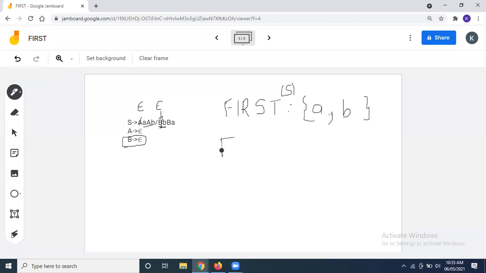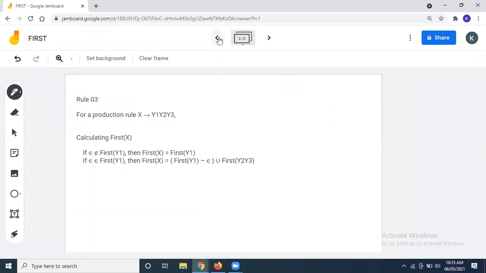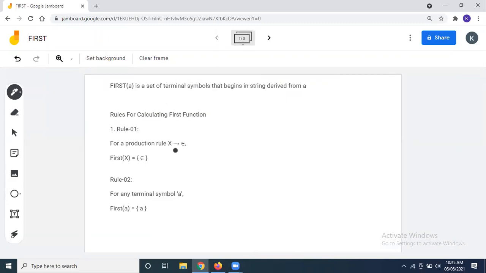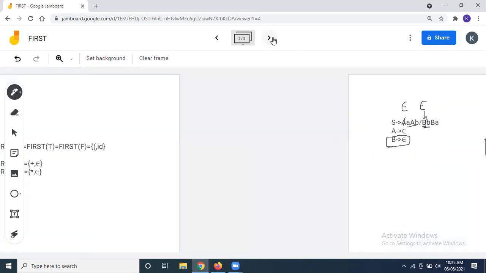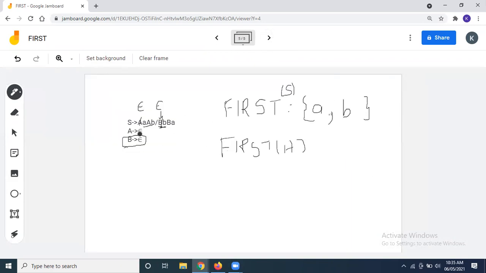Then what is first of A? It is epsilon. See the first rule here: if X derives epsilon, in first of X we have epsilon. So here A derives epsilon, so first of A is epsilon.